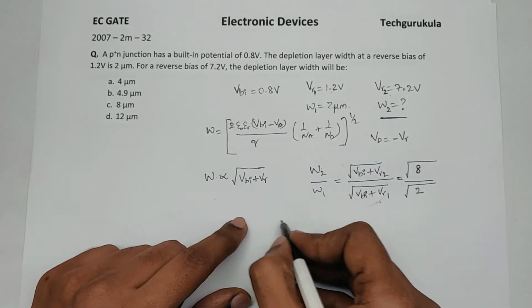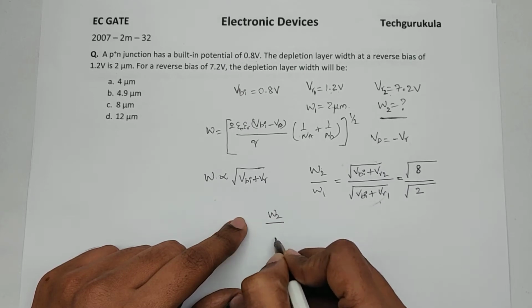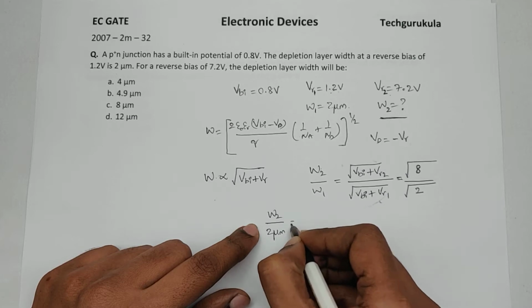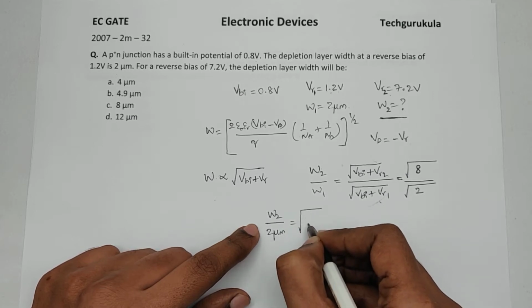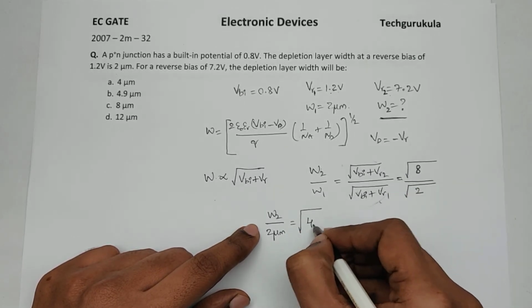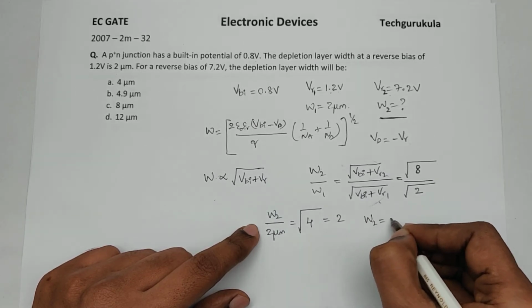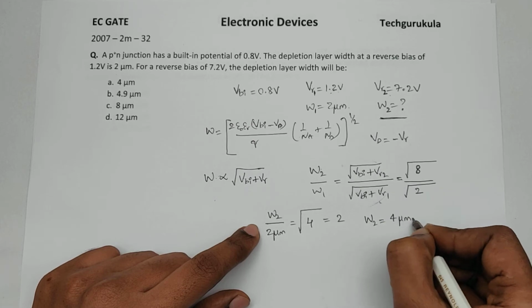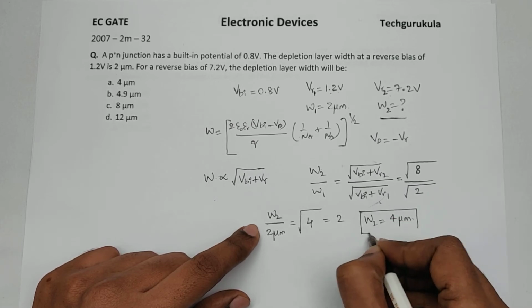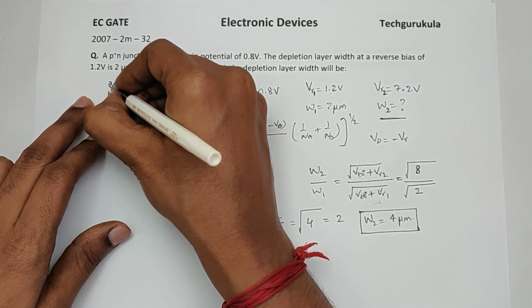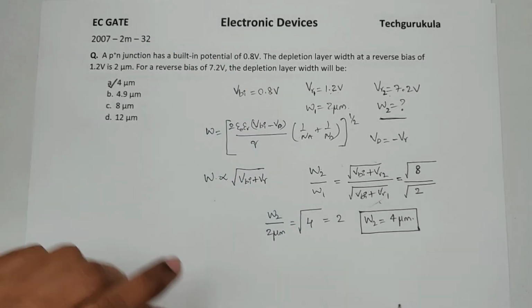Now W2 by W1, and we know W1 is 2 micrometers, is equal to the square root of 8 by 2, which is 4, which is equal to 2. So W2 is equal to 4 micrometers. So the correct option is option A, 4 micrometers.